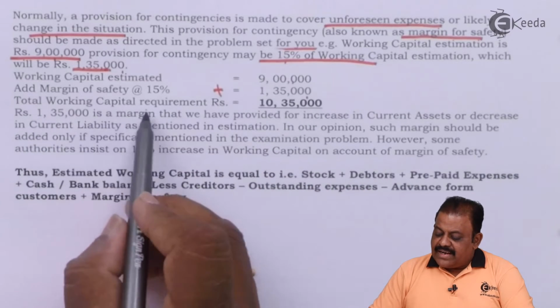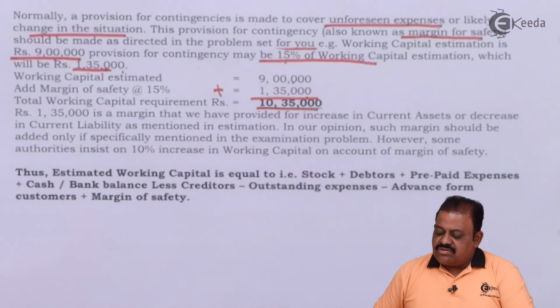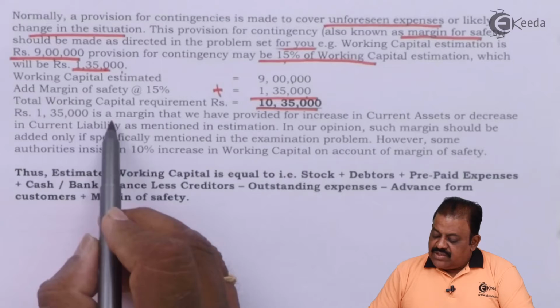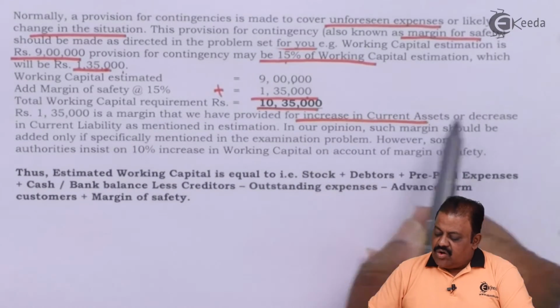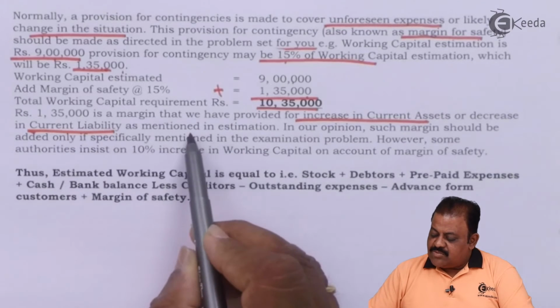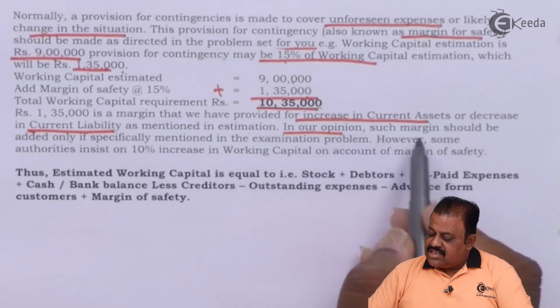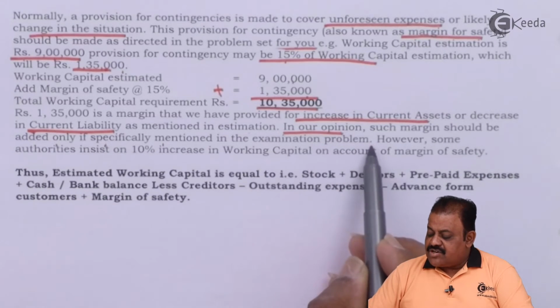So total working capital to be arranged for is 10,35,000. Rupees 1,35,000 is the margin that we have provided for increase in current assets or decrease in current liabilities as may be mentioned in the estimation. In our opinion, such margin should be added only if specifically given in the examination problem.